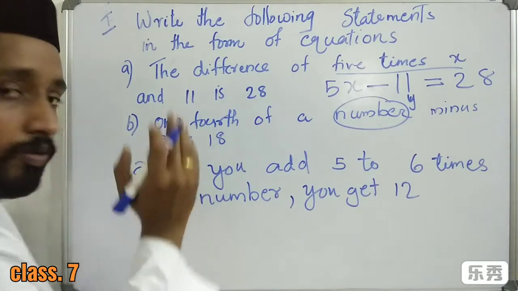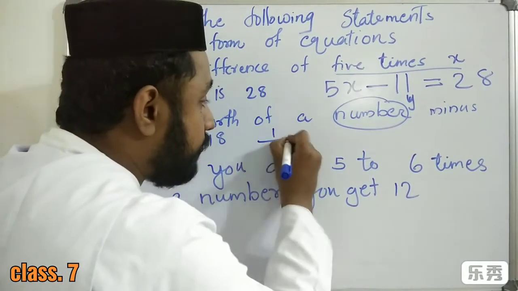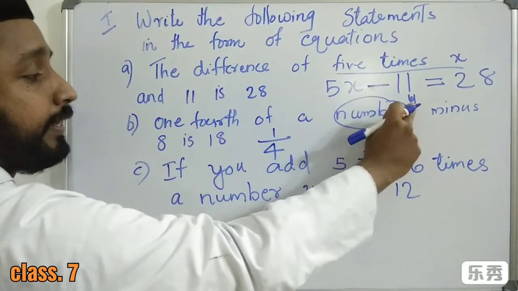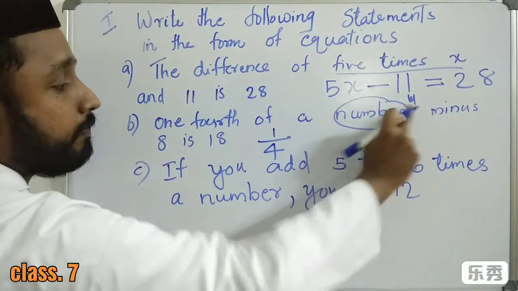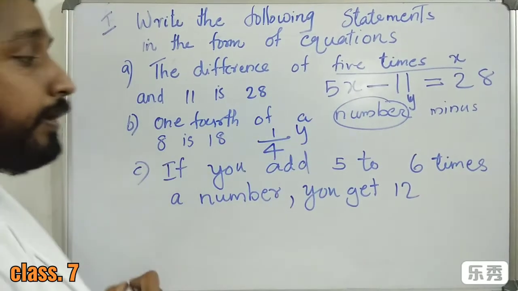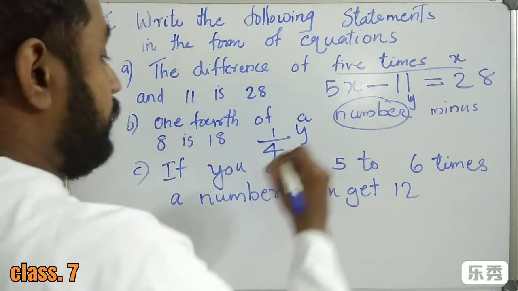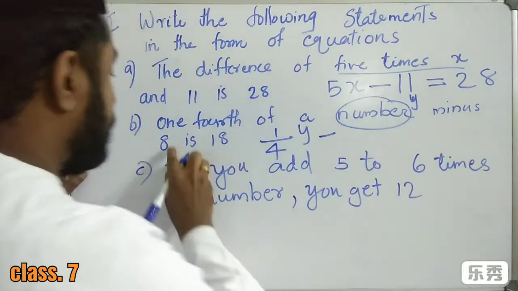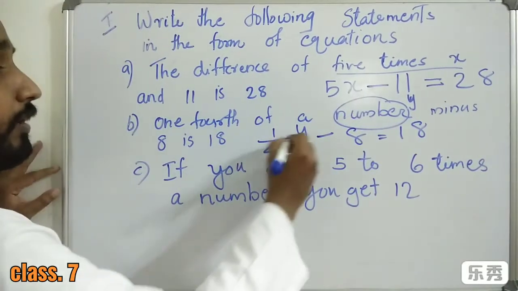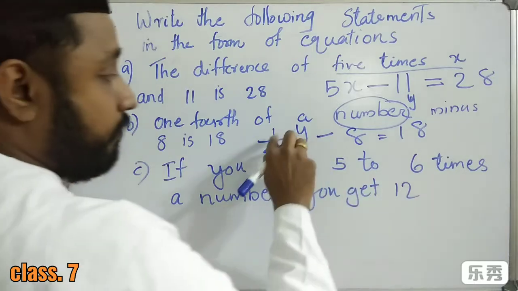1/4 means 1 by 4. So 1/4 of a number y means 1 by 4 into y, that is 1 by 4y, minus 8 is 8. So 1 by 4 into y means y into 1, y by 4.